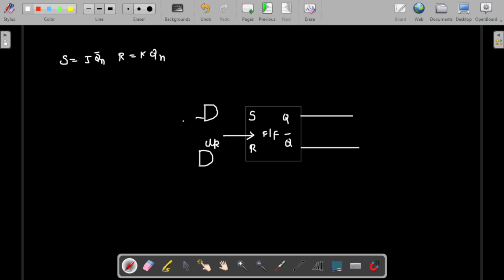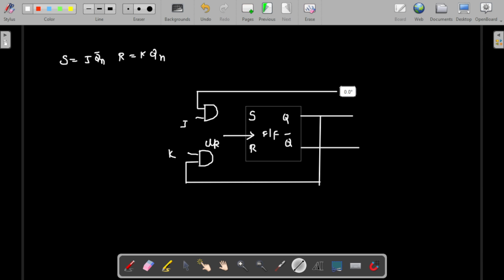One input will be J, and the other input will be K. The rest we need to map from here. If we take the condition here, then this will be given here. Similarly for the other, this needs to be mapped here.